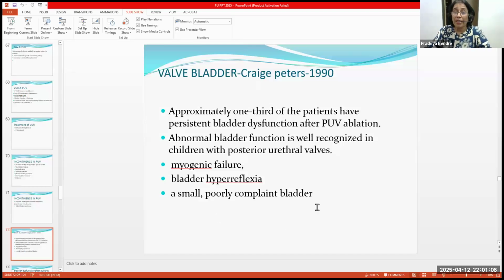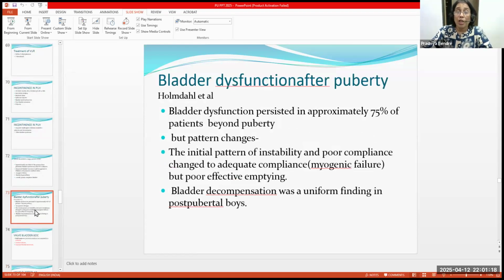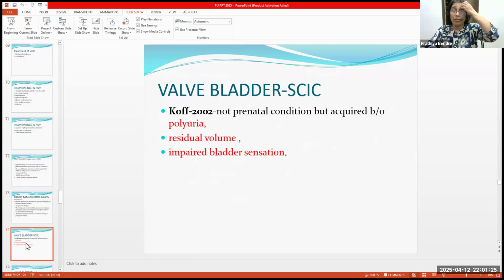So this may be two stage, it may not be staged, but these different patterns of bladder are seen in the posterior urethral valve, and each type has a different treatment management. So again, as I said, bladder dysfunction at puberty is very common, and we need to find that out.